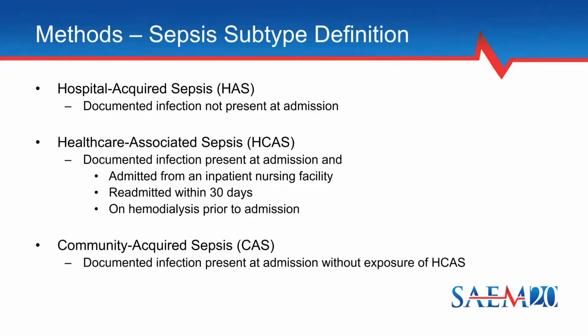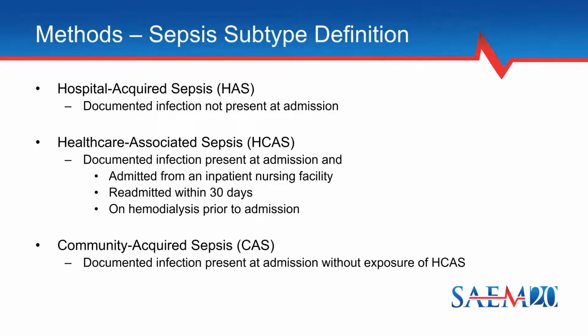We defined three subtypes of sepsis in our study. The first one is hospital-acquired sepsis, in which the documented infection is not present on admission. The second type is healthcare-associated sepsis, in which the documented infection is present on admission, and the patient had to be admitted from an inpatient nursing facility, or readmitted within 30 days, or on hemodialysis prior to admission.